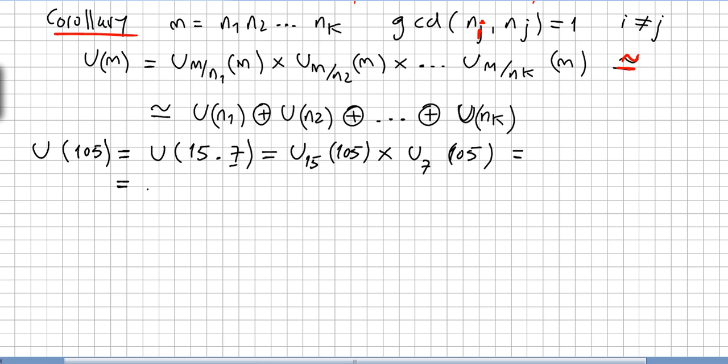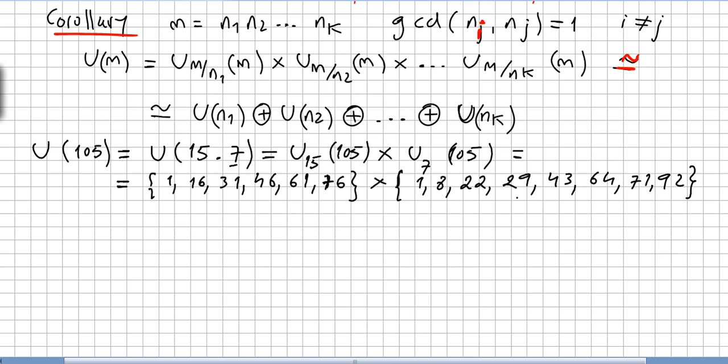That is the set of 1, 16, 31, 46, 61, 76 from U_15 of 105, you can check this, really easy, times 1, 8, 22, 29, 43, 64, 71 and 92.